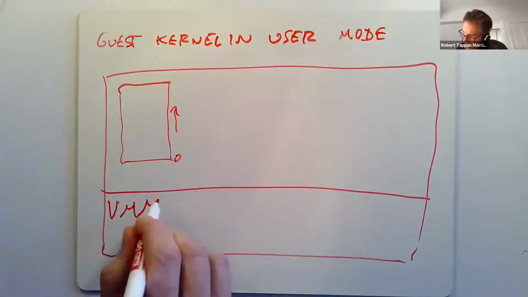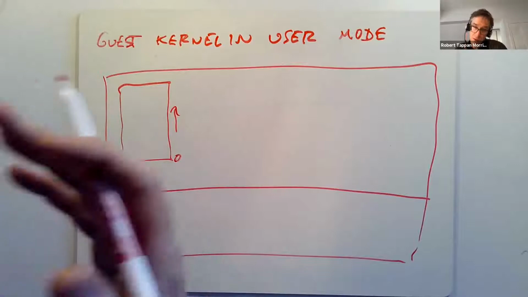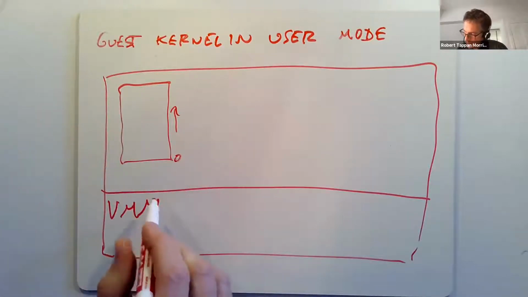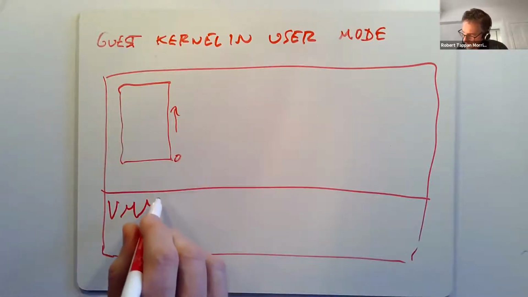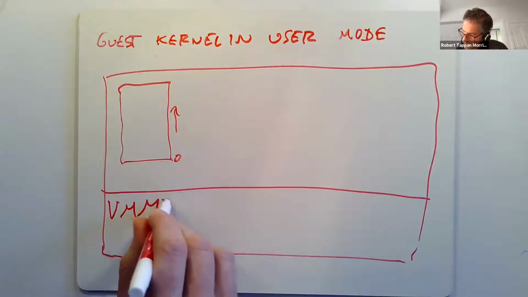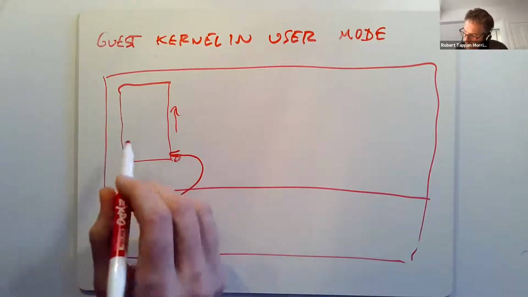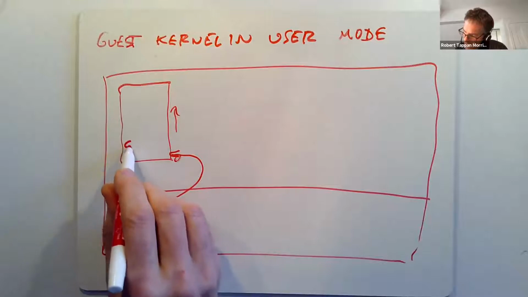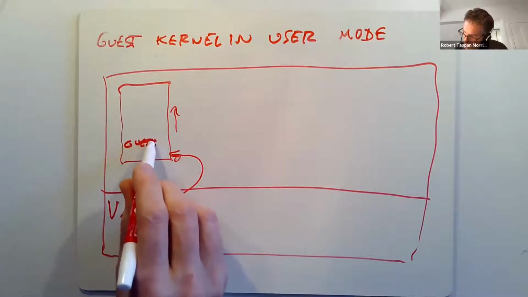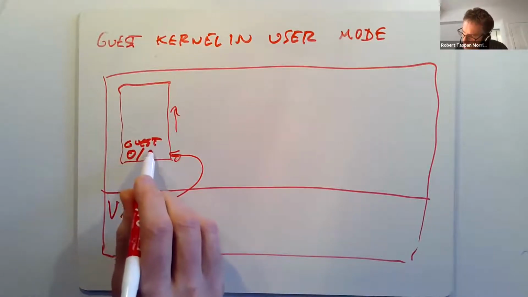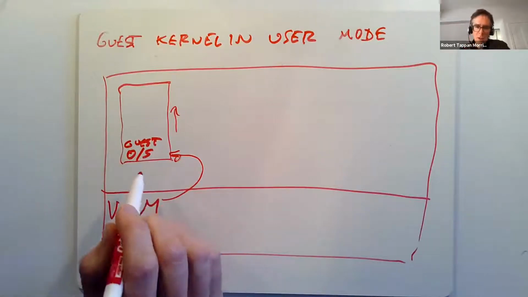And then the virtual machine monitor will use a trap, SRET instruction, as you've all come across in XV6, to jump into the first instruction of the guest OS in user mode. And so the guest operating system will execute along.